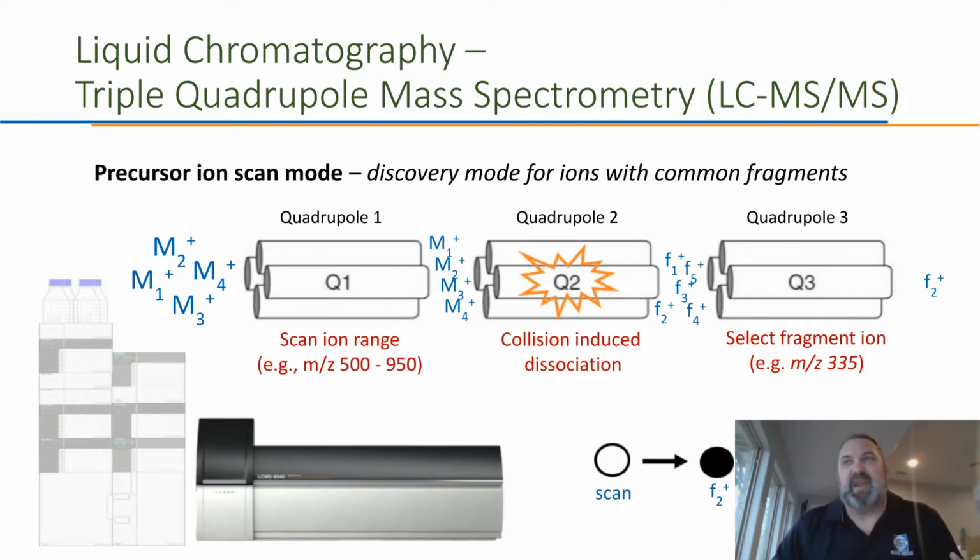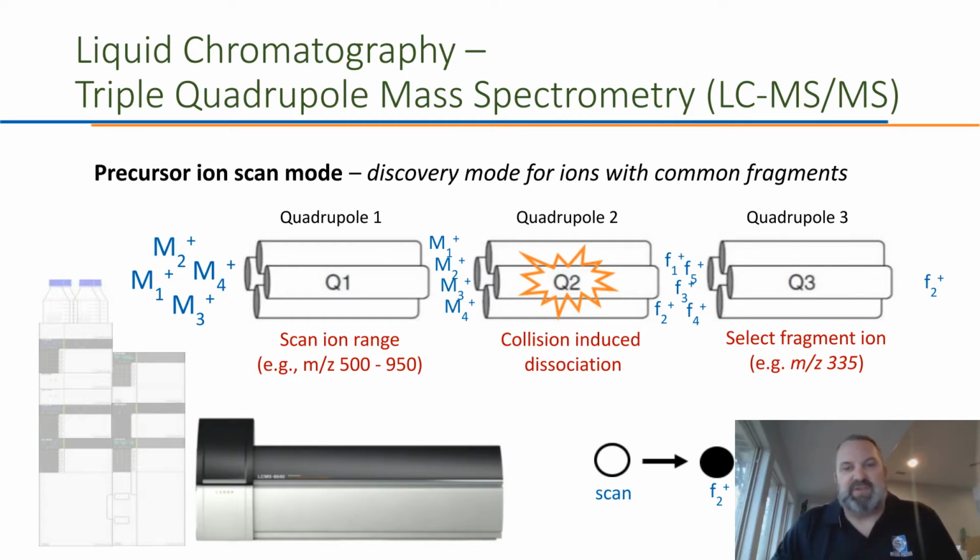But in this one, we're going to have quadrupole 1 sort our ions in order of increasing mass to charge ratio. Each one of those, as it comes through the first quadrupole, is subjected to fragmentation and creates its own series of fragment ions. But we tell quadrupole 3, we're only interested in seeing molecules that generate a particular fragment. In this case, this F2+, something that has a mass to charge of 335.